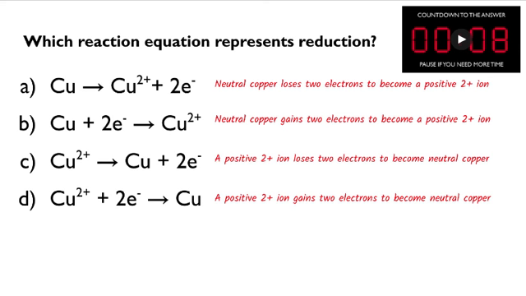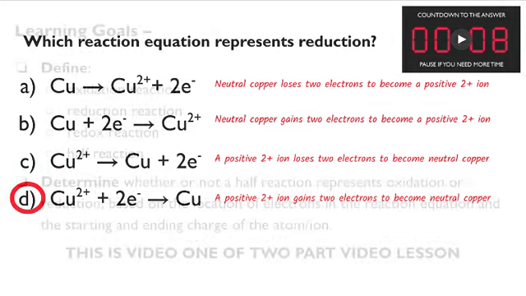So in this case, D would be my answer, because the only two options that show electrons as reactants, gaining electrons, are B and D. But B doesn't make sense. If neutral copper gained 2 electrons, it would not become a positive 2 ion. It would become a negative 2 ion because electrons are negative. So it must be that a positive 2 ion gains 2 electrons to become neutral copper, because positive 2 charge plus 2 electrons gives me 0 charge, neutral charge.